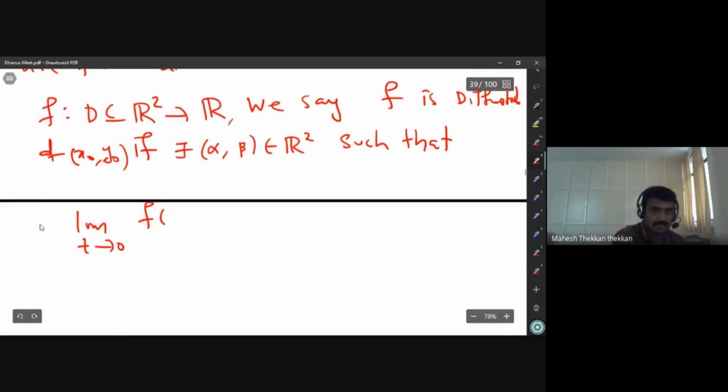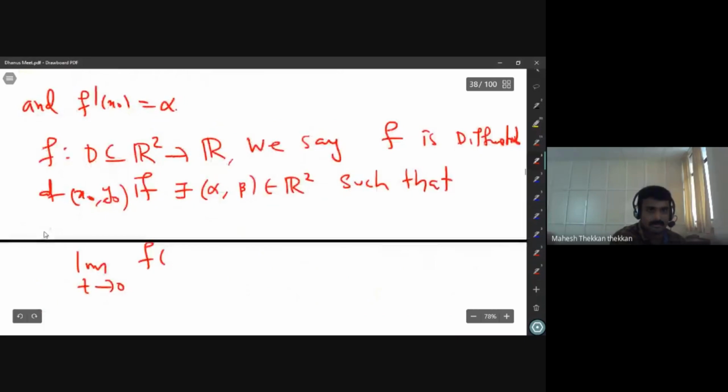The same equation, but I cannot say t tending to 0. Sorry, this is x naught y naught only, so I have to say h comma k instead of t.